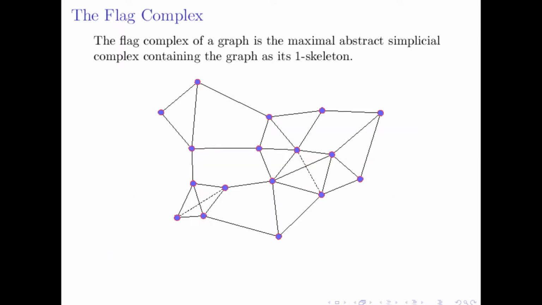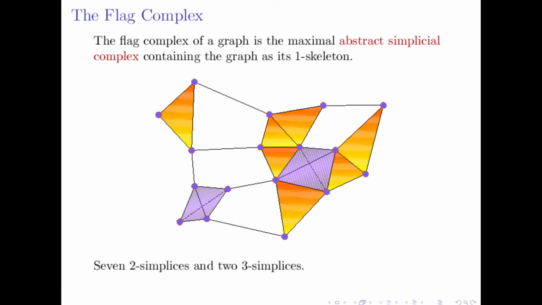So one typical topological object you get from a graph is, so here's an example for a graph, you get a flag complex. The flag complex is a classical object in combinatorial topology, and it is the maximal abstract simplicial complex containing the graph as its one skeleton. So if this is the graph, then the flag complex of the graph is going to look like this.